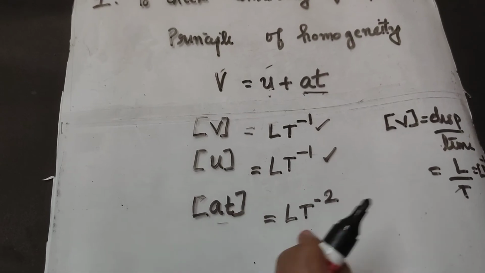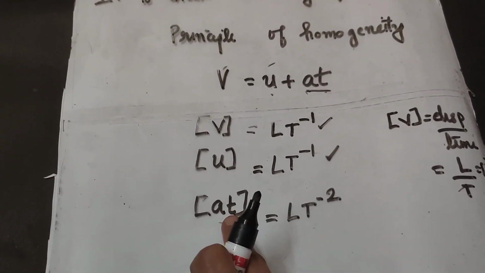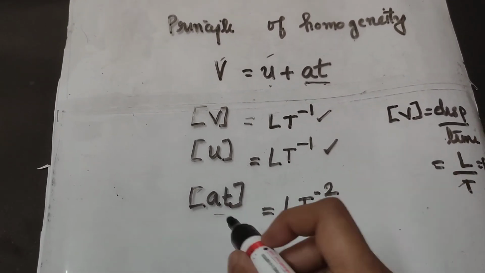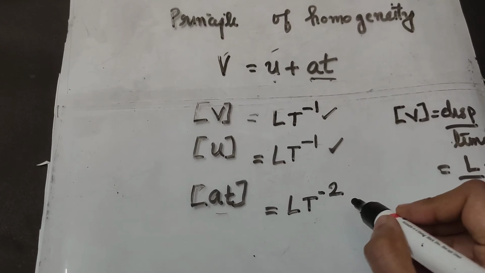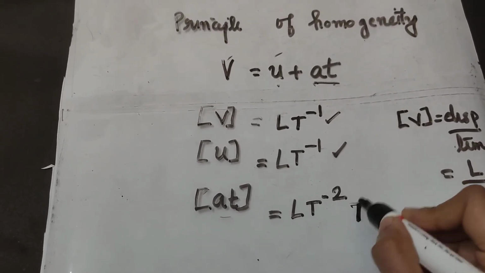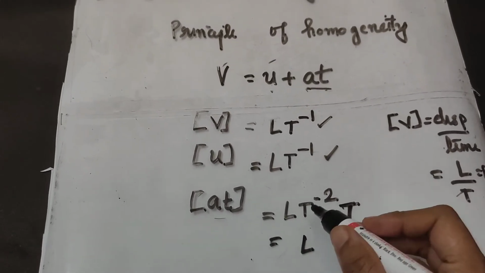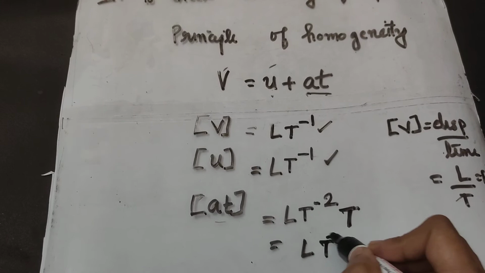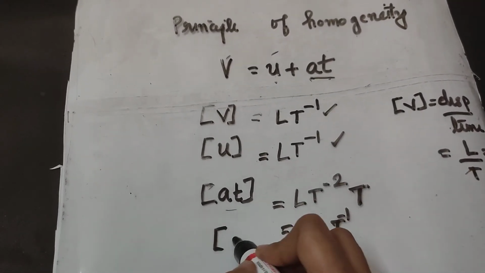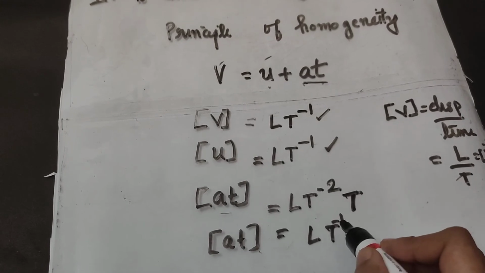We have written only the dimension of a, and it is at, so the dimension of t must also be written here. So the dimension of t is t. So the dimension of at is equal to L t raised to minus 2 into t raised to 1, which is L t raised to minus 1. So the dimension of at is also equivalent to L t raised to minus 1.